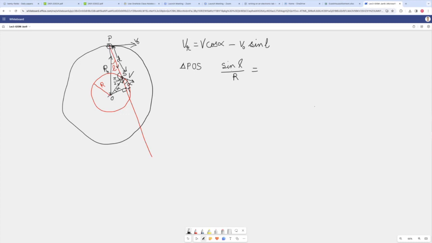So applying the sine law, this is sine of pi by 2 plus alpha divided by the opposite side, which is r0. Okay, and sine of pi by 2 plus alpha is nothing but cos alpha by r0. So we can actually replace cos alpha here, and we get VR is equal to r0 by r.